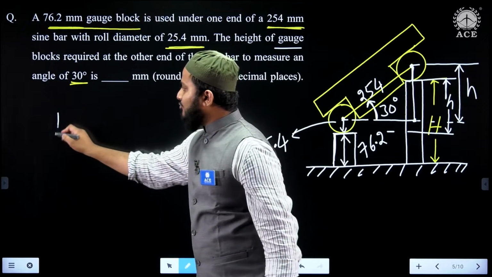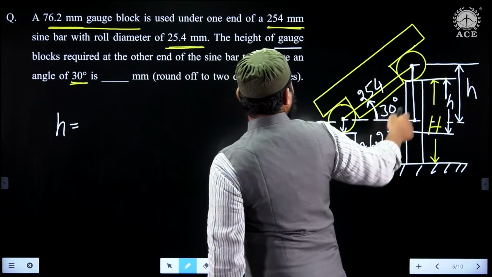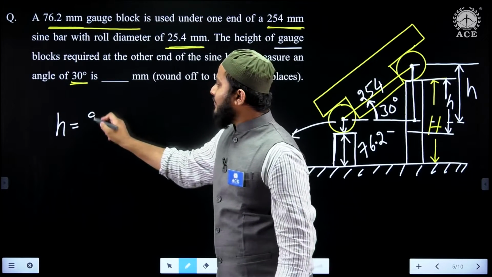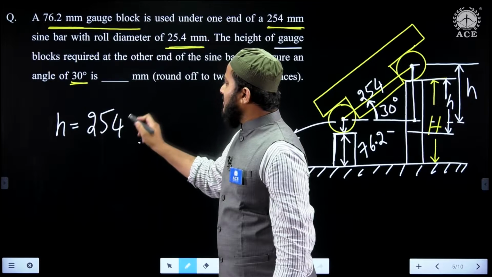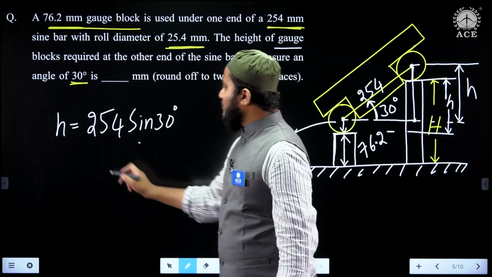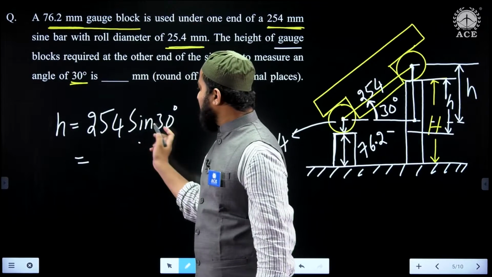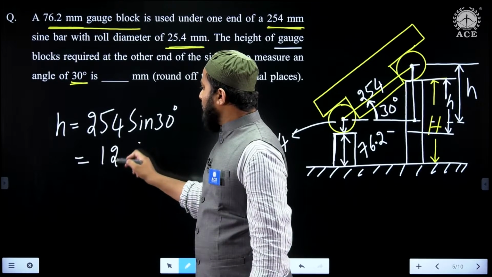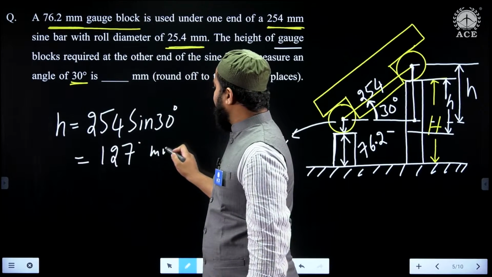So basically, small h will be equal to 254, we need to make the angle 30 degrees. So 254 sin 30, sin 30 is 1 by 2, so it will be 127.